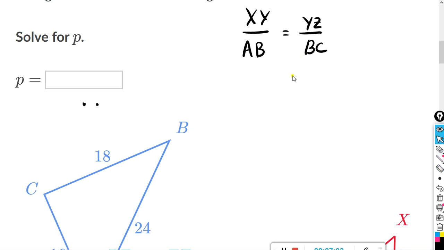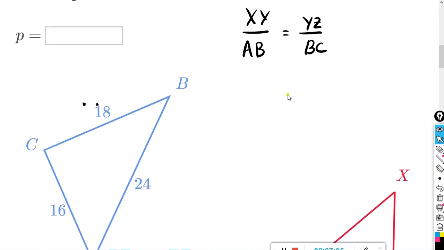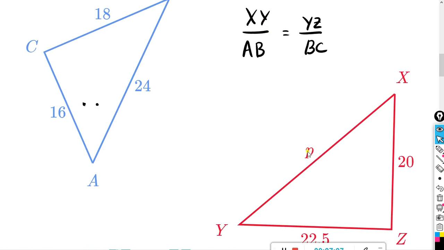Now we can fill in the sides. XY is the missing one, that's P, so in place of XY, I'm going to write P. YZ is this one right here, that's 22.5.